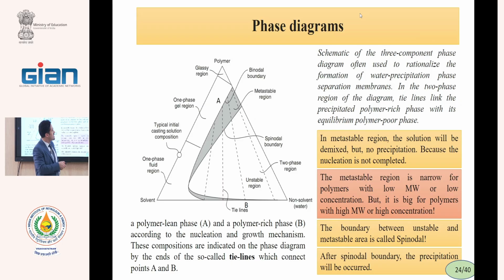With change of the polymer, the diagram is changed. With change of solvent, the diagram is changed. With change of non-solvent, the diagram is changed. Therefore, if we want, for example, to investigate the effect of solvent, we select 3 solvents. We need 6 months in the lab to analyze and test for drawing of the diagrams.